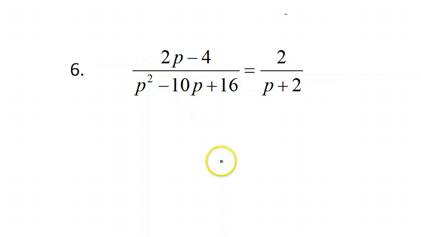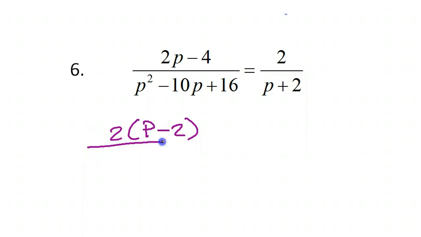Alright, for number 6, we are going to want to factor both of these things so we can really see what is going on. Now in the numerator, we have a common factor. So if I factor that out, that'll be 2 times p minus 2. If I factor the denominator, p squared is p times p.